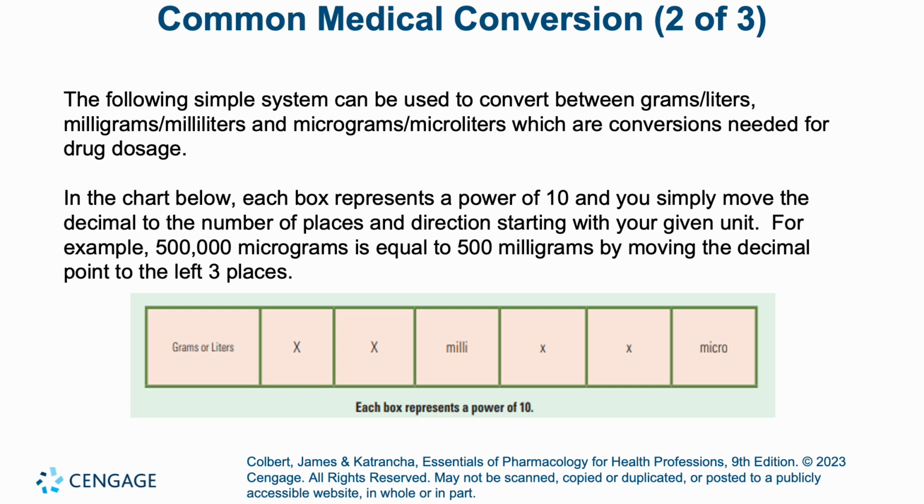So by moving that decimal, you know that 500,000 micrograms equals 500 milligrams. Then if you were converting that to liters, you would move again 1, 2, 3 boxes to the left, and 500,000 micrograms equals 500 milligrams equals 0.5 liters. So I like this little representation because it gives you all of these prefixes and lets you know which direction you need to move and by how much to get the equivalent of that.